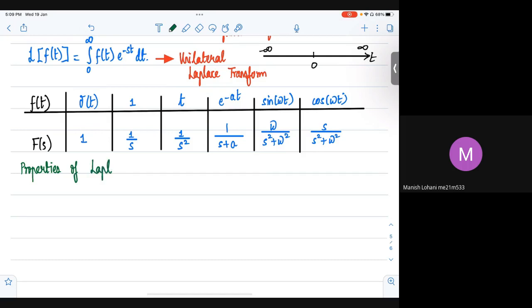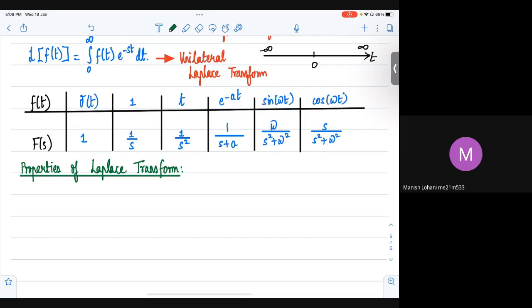I'm just going to quickly write down some properties of Laplace transform that are going to be useful for us in this particular course. The first property is that of the Laplace transform of derivatives.